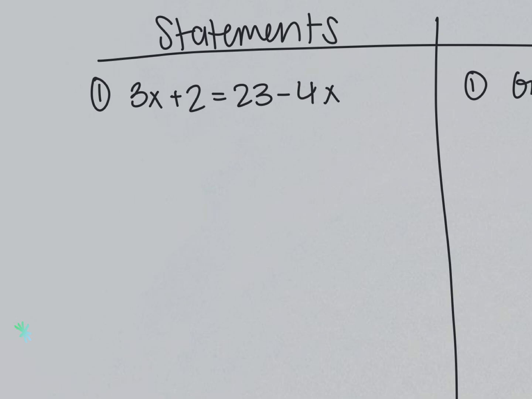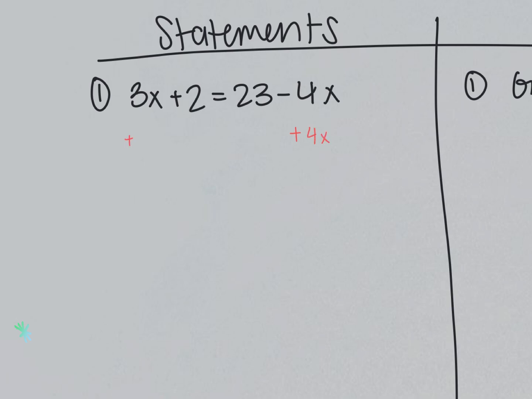Looking at number 1, can someone give me the second step? Sophia? 7x plus 2 minus 1. How did you get there? I added 4x. All classes have given me something different, but what she did was add 4x.